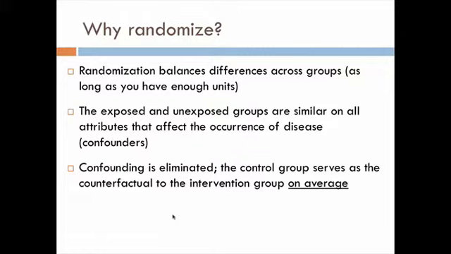The exposed and unexposed groups, as I've been saying, are similar on all outcomes that affect the occurrence of disease, right? These two groups on average look the same in terms of demographics, in terms of income, in terms of health behaviors. And it's not like you specifically pick people and said, I want a smoker over here and a non-smoker over here. When you randomize a large enough sample, that will happen naturally.